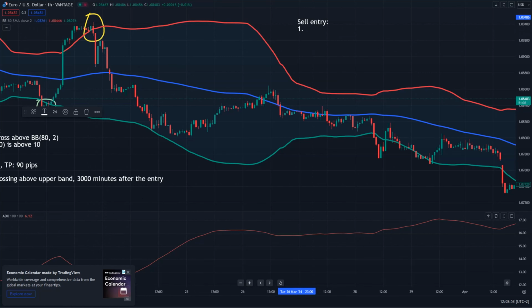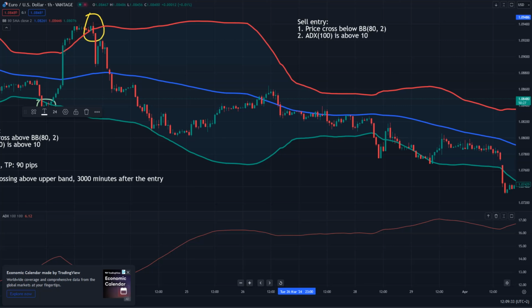Our first entry rule for a sell trade is when the price crosses below, of course, the upper band of the Bollinger bands, that is 80 period and 2 standard deviation. Pretty simple. And the second confirmation parameter is when the ADX, that is 100 period, is above 10.